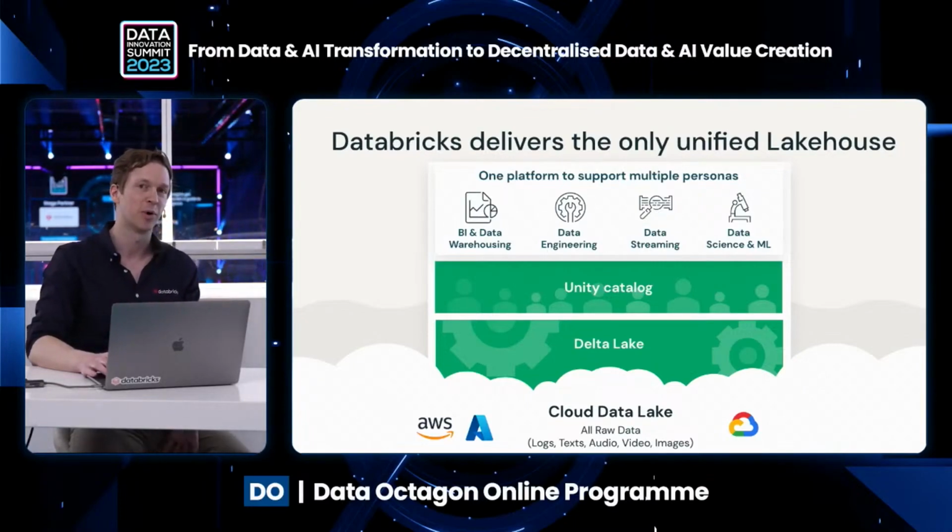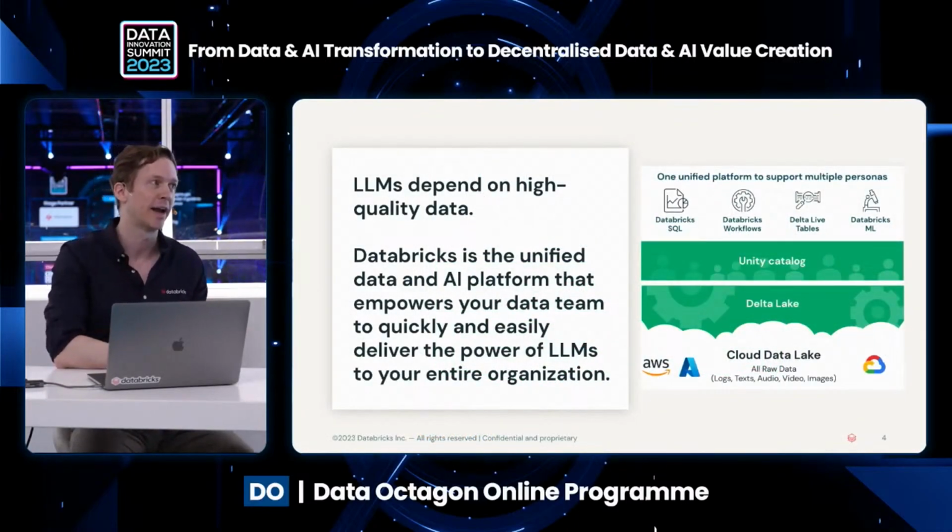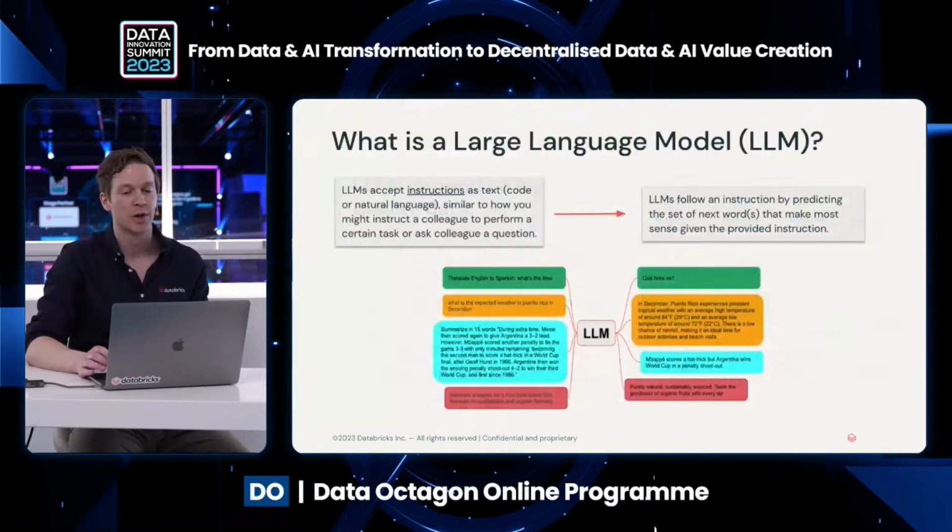And why is this important for large language models? Because they depend on large amounts of high quality data, and on text data, which is unstructured or semi-structured data. This can be hosted inside Databricks, and you can work with this type of data and build the model there.